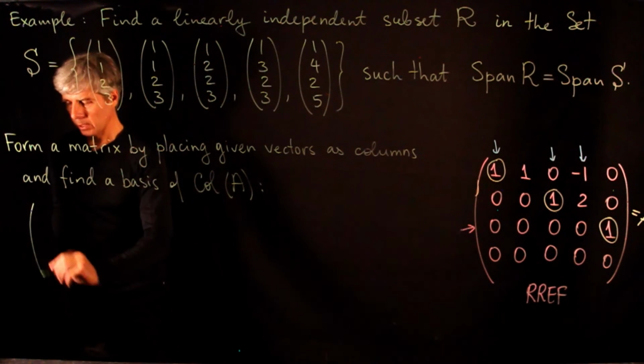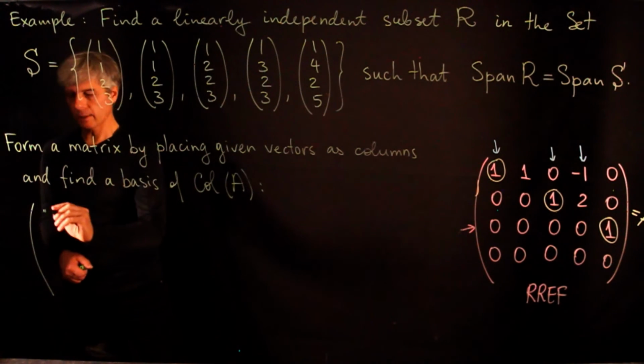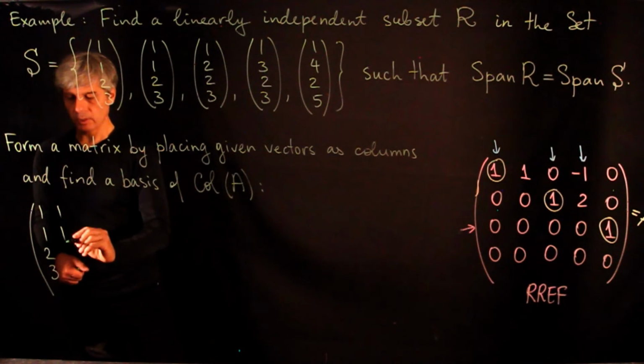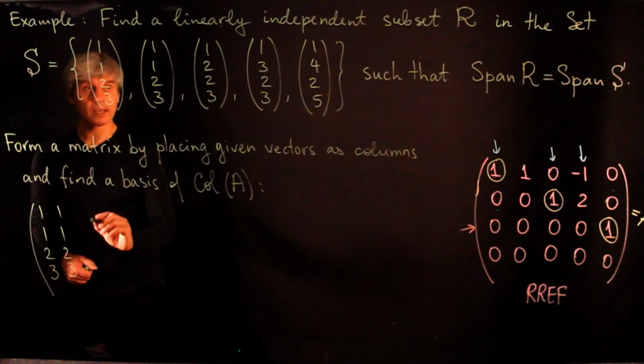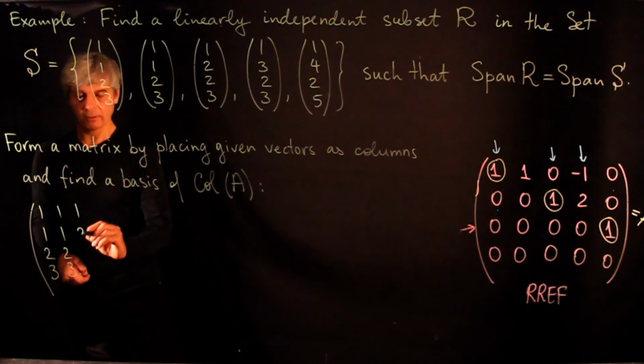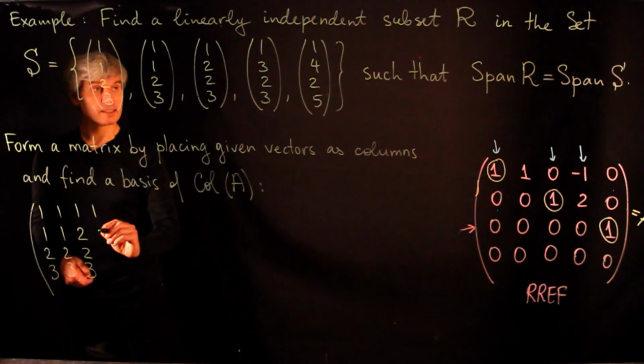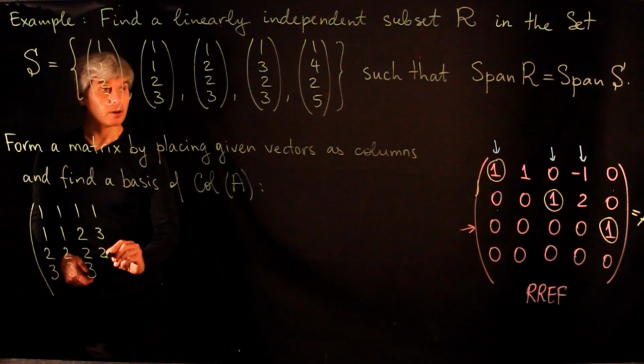So now, if we form a matrix by placing these as columns, then you will quickly see that I have just recycled the matrix from the previous example because I'm lazy and I don't want to do row reduction.